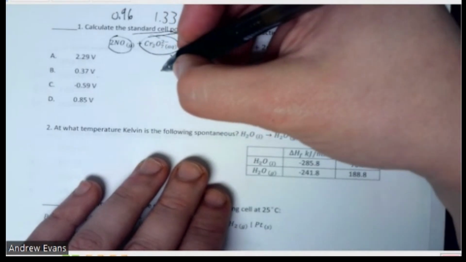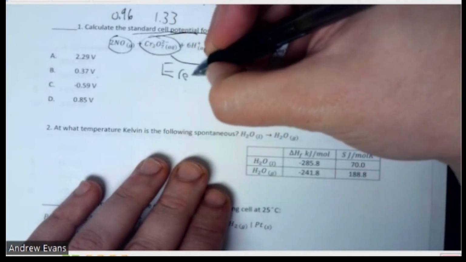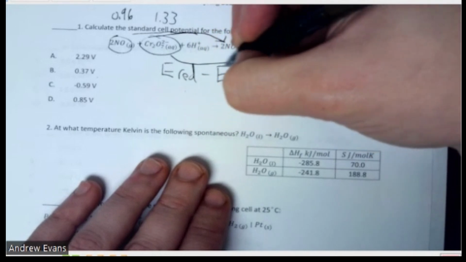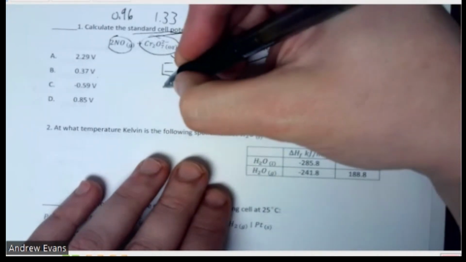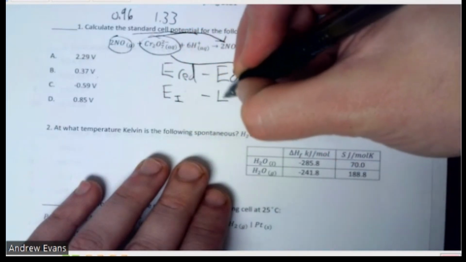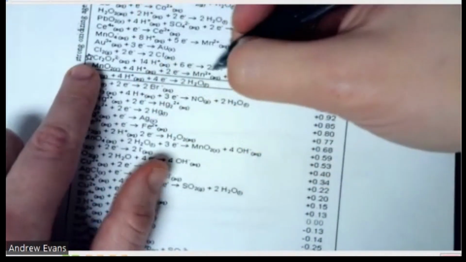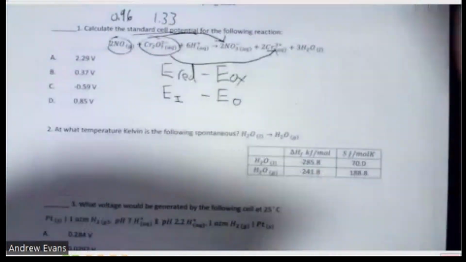So it's always E reduction minus E oxidation. But one way to think about it is E identical minus E opposite. So we start with dichromate and go to chromium. So that is identical.